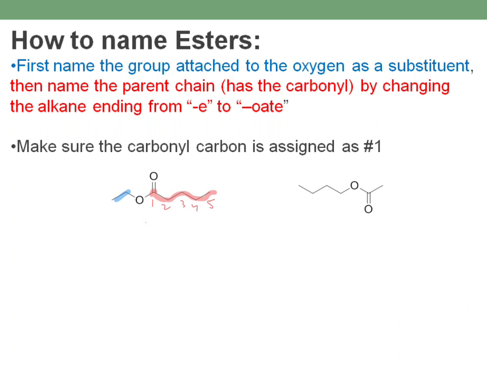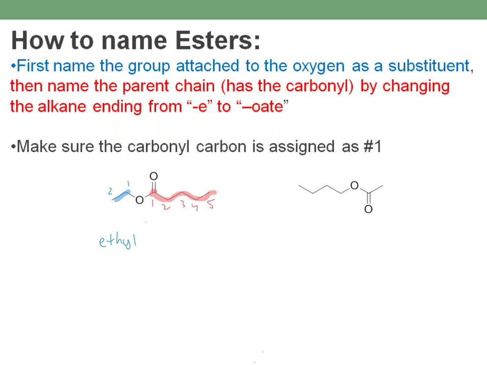So I have a 5-carbon piece. Now, when you're naming these, first you need to name the group that's attached to the oxygen as a substituent. In my case, I have just a 2-carbon piece, so that's an ethyl. Then I put a space, and then I name the parent.